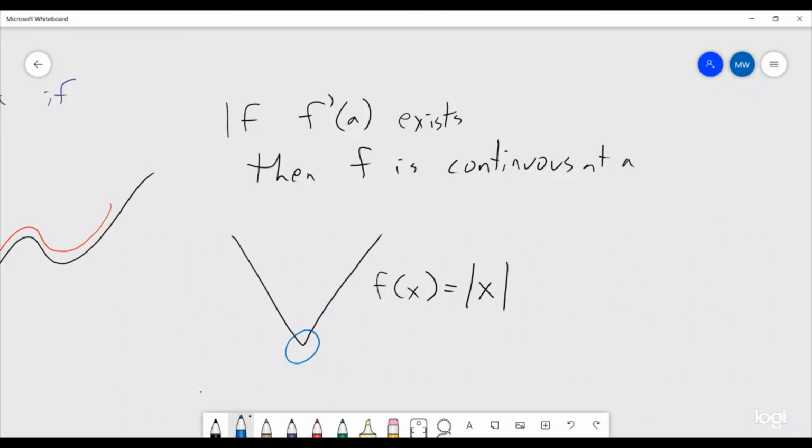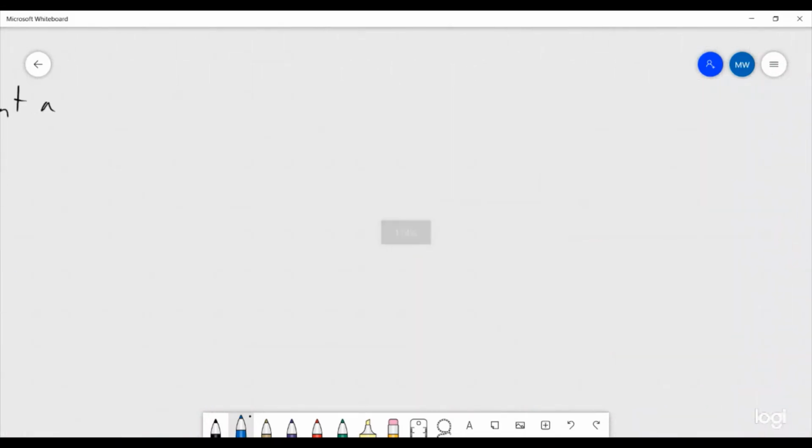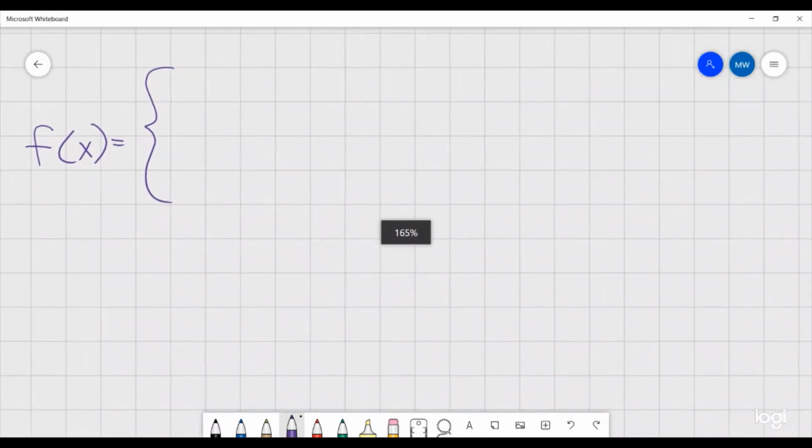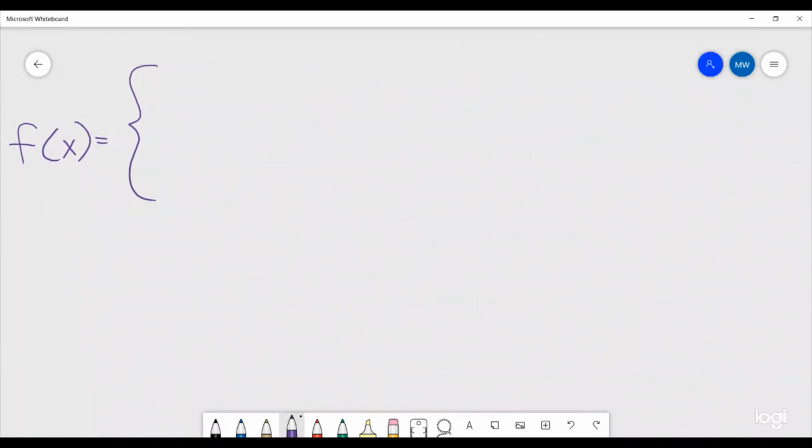But we can use this idea to solve problems you might sometimes be asked, where you're given a piecewise function. Say f of x is equal to x minus 1, 0, and then x minus 2, where this happens if x is less than 1, 1 is less than or equal to x less than or equal to 4, and x is bigger than 4.